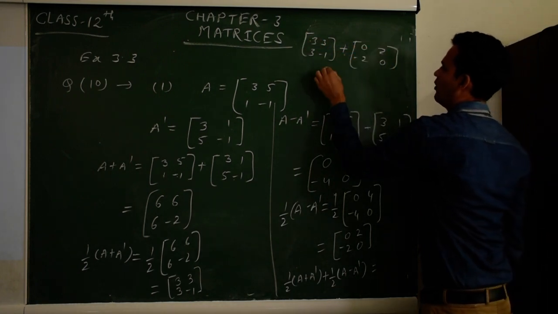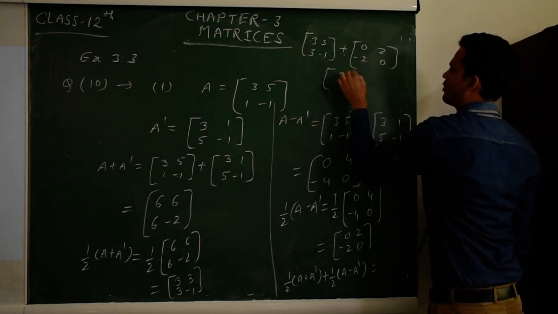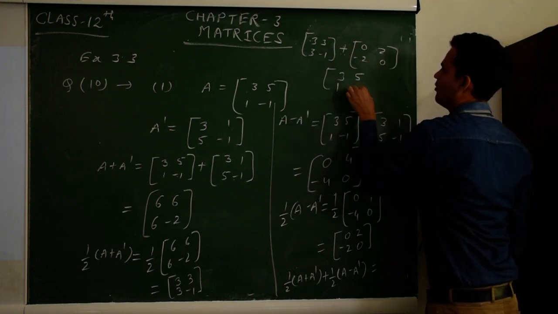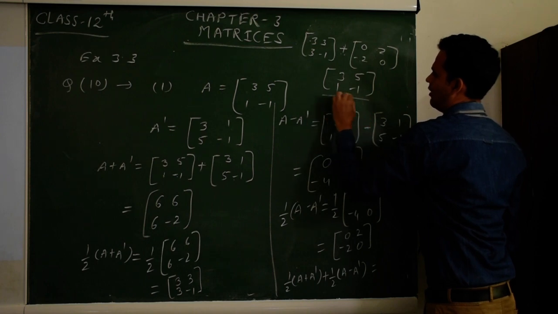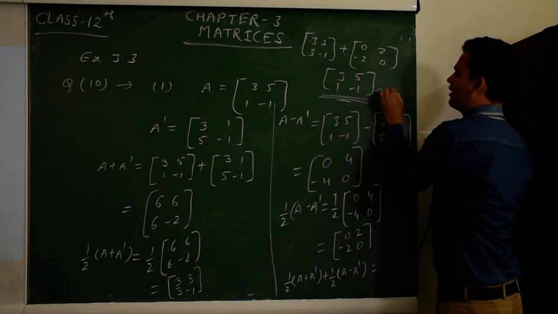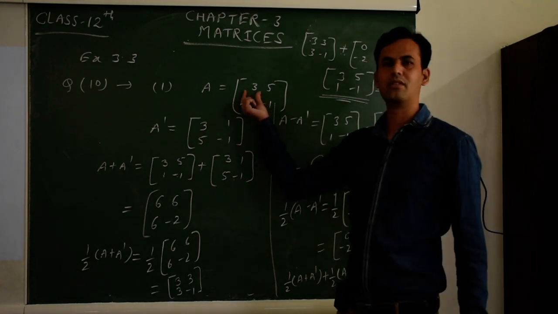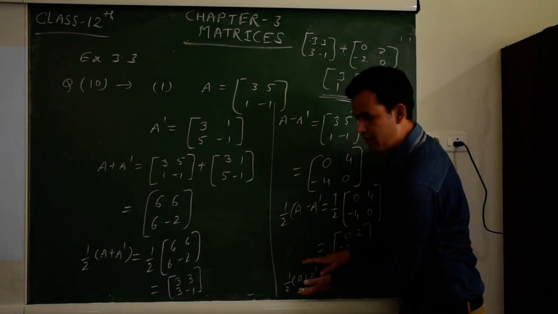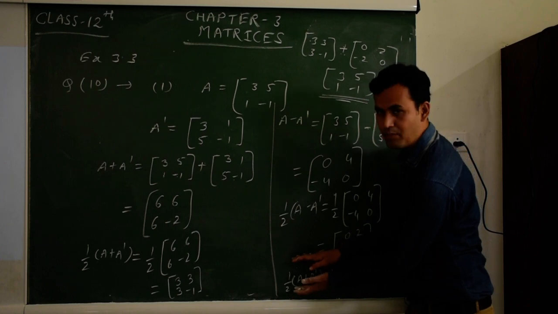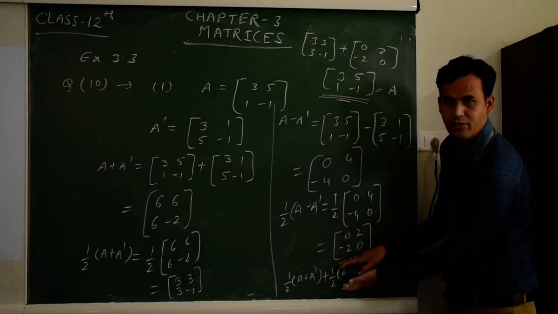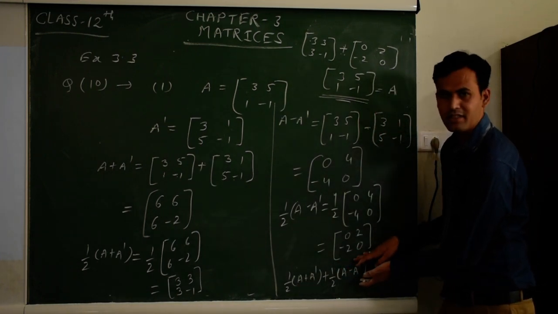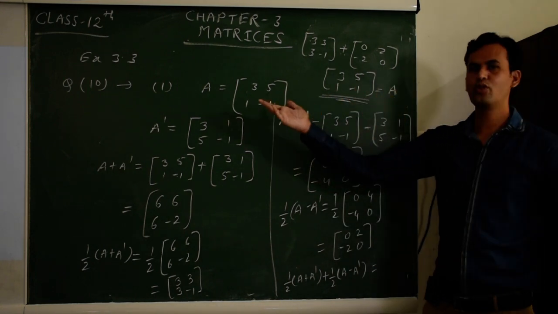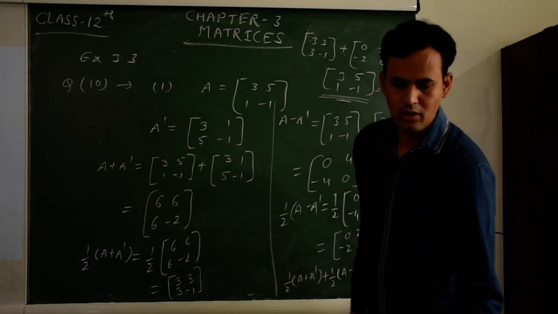So 3 plus 0 is 3, 3 plus 2 is 5, 3 plus -2 is 1, and -1 plus 0 is -1. This matrix is the A matrix of the question, [3, 5; 1, -1]. So 1 by 2 A plus A dash is the symmetric matrix plus 1 by 2 A minus A dash, the skew symmetric matrix, is always equal to A. Theorem 2. Okay.